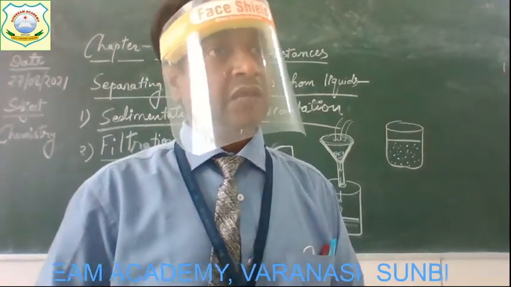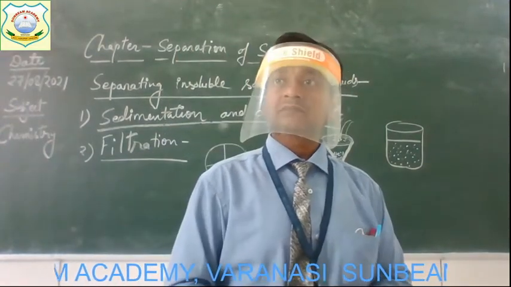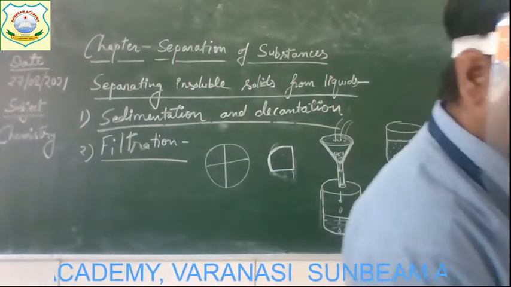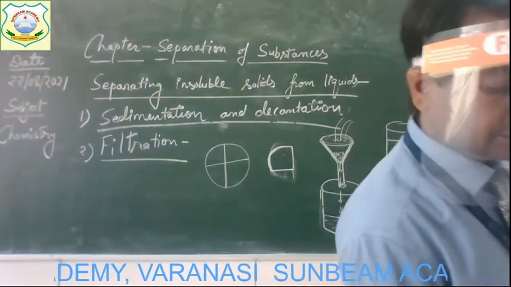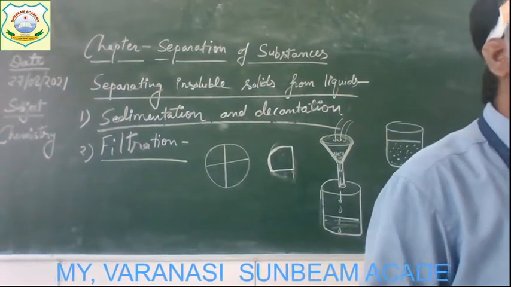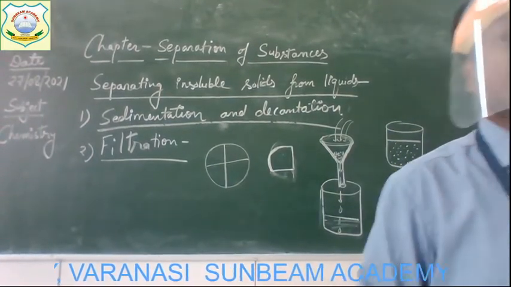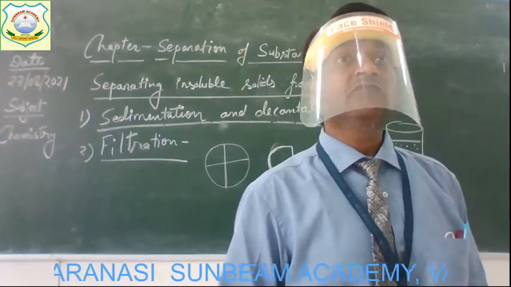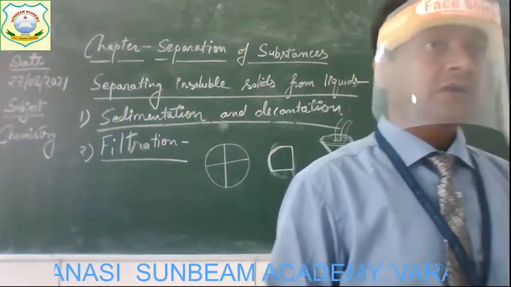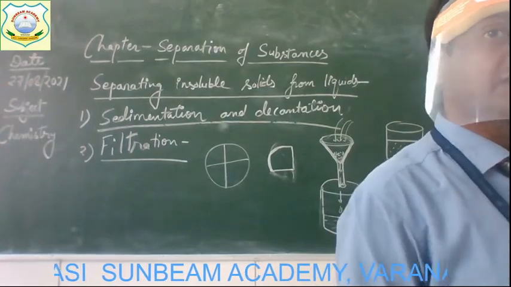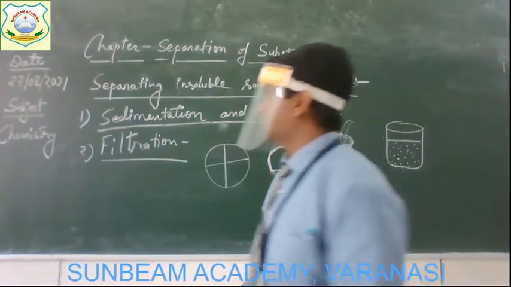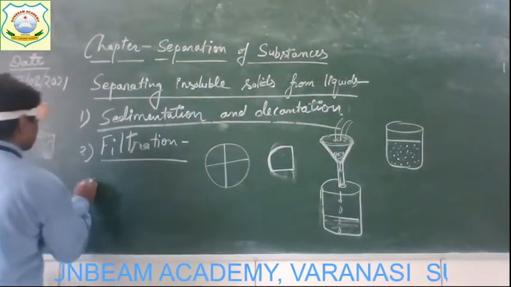Clear? Everyone? So this is also one of the methods by which we can separate what? Insoluble solid from liquid. Alright children? Understood this method? Come to the third method.